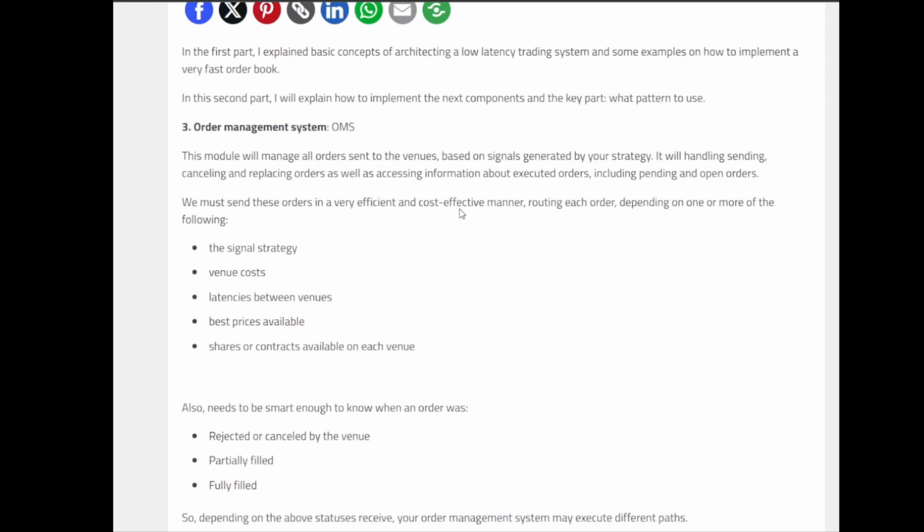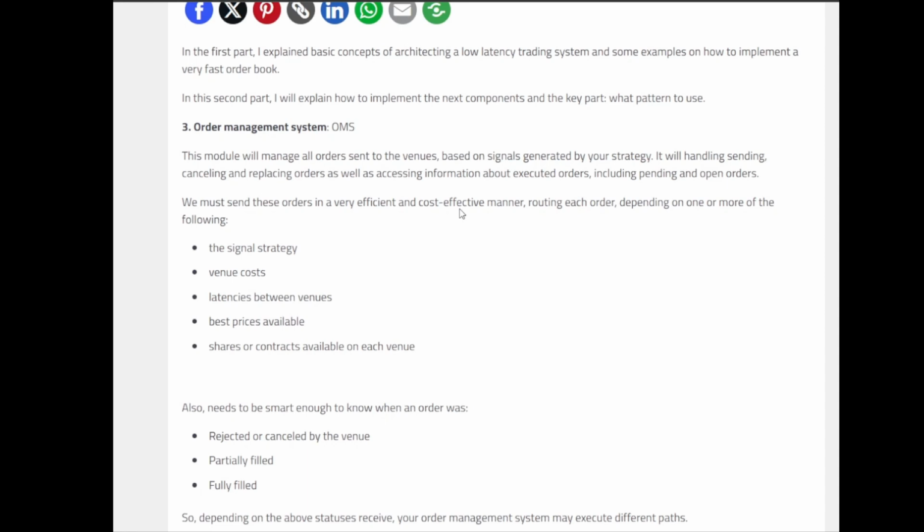Now, the third component after the limit order book is the order management system. This module manages all the orders sent to the venues based on the signals generated by our strategies. It will handle sending, canceling, replacing, and accessing information about executed orders, including pending and open orders.